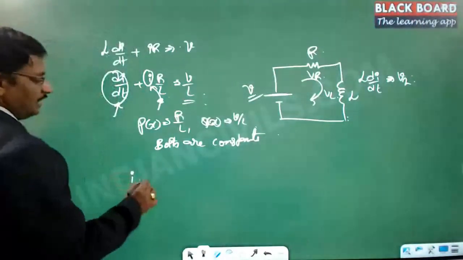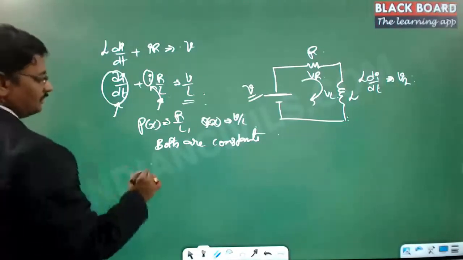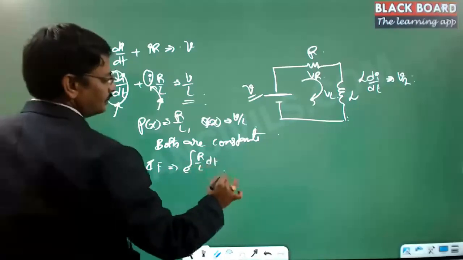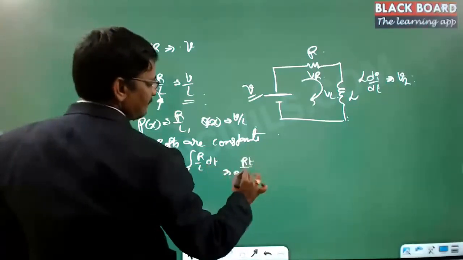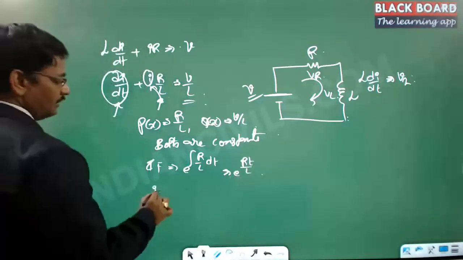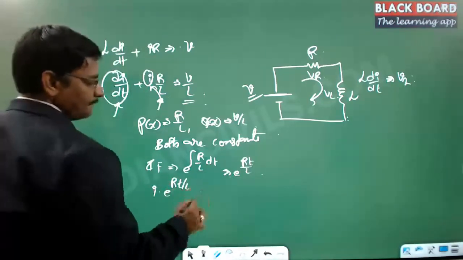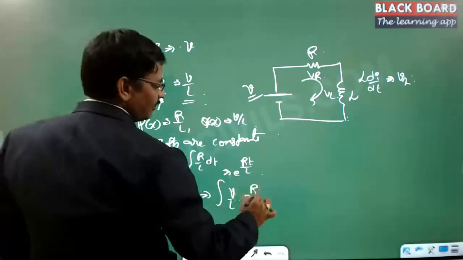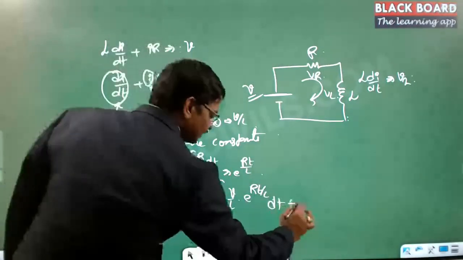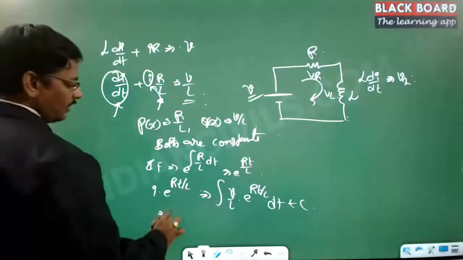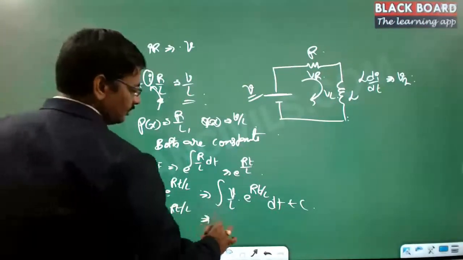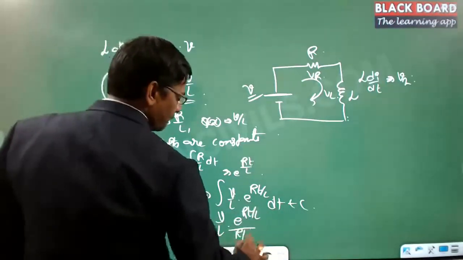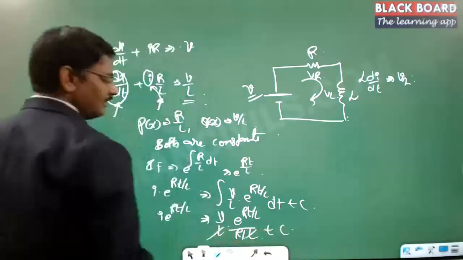So first we will calculate the integrating factor: e power integral of R by L dt, which is e power Rt by L. So I times e power Rt by L equals the integral of V by L times e power Rt by L dt, plus C. That gives V by L times e power Rt by L divided by R by L, plus C. The L will cancel.